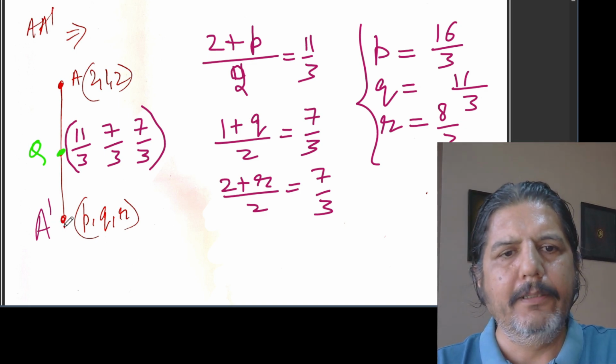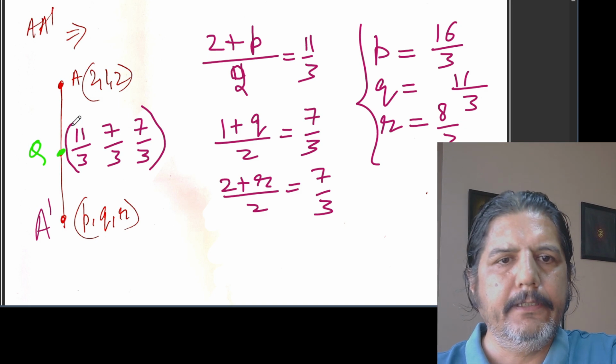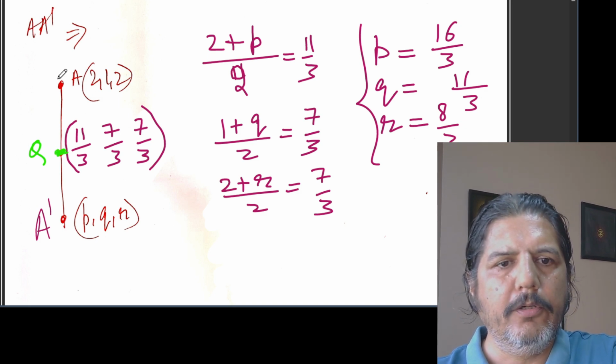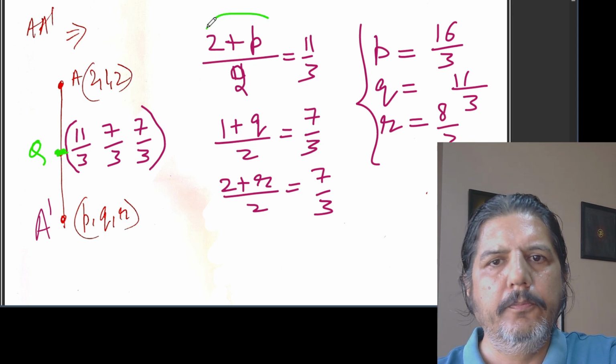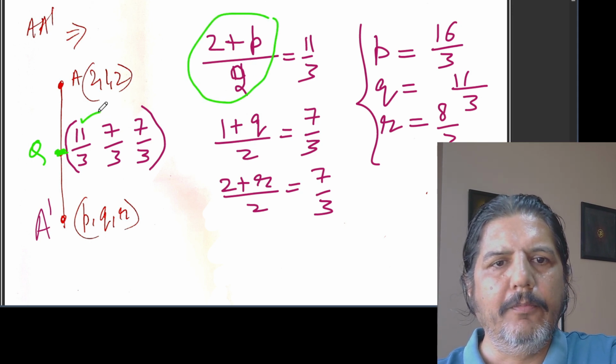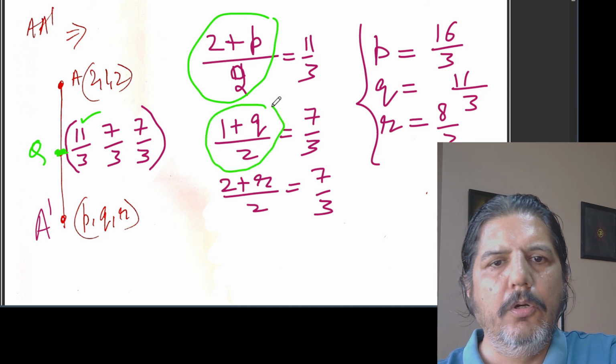Now I want to find the point A dash. How do I find it? I understand that this point Q is the midpoint of AA dash. So 2 plus P upon 2 is equal to 11 by 3, 1 plus Q upon 2 is equal to 7 by 3, and 2 plus R upon 2 is equal to 7 by 3.